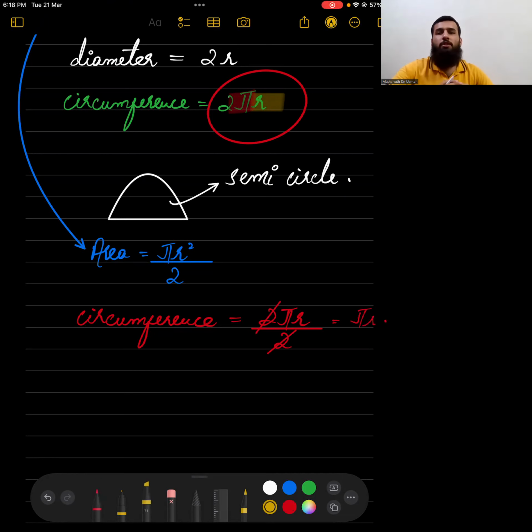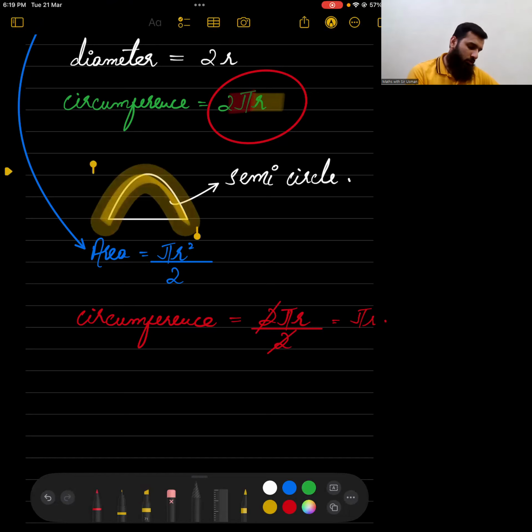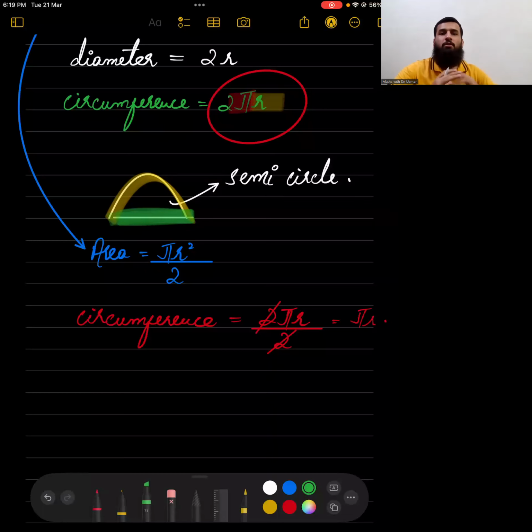Now, once in 2011, the examiner assessed the students regarding the perimeter of this entire semicircle. The examiner was demanding not only the circumference over here, but also this line. Because one thing you need to remember is that when we are dealing with perimeter, we are dealing with all the touchable boundaries.